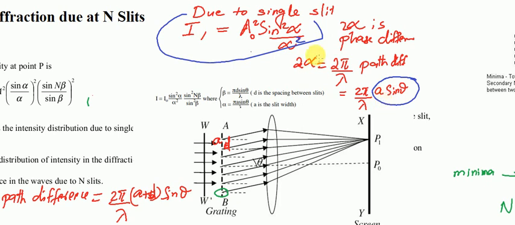Then the phase difference 2 alpha: lambda path difference corresponds to 2 pi phase difference. That is why, if you have the expression for path difference, you can find the phase difference. So 2 alpha equals 2 pi by lambda times a sin theta. That is the contribution from a single slit.